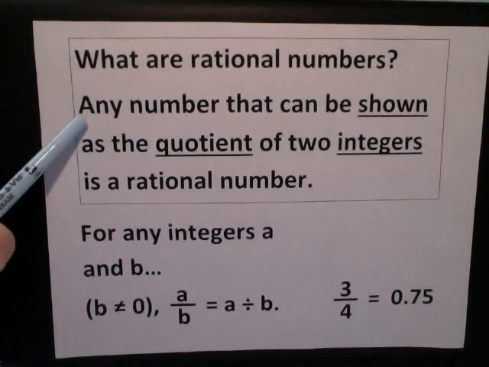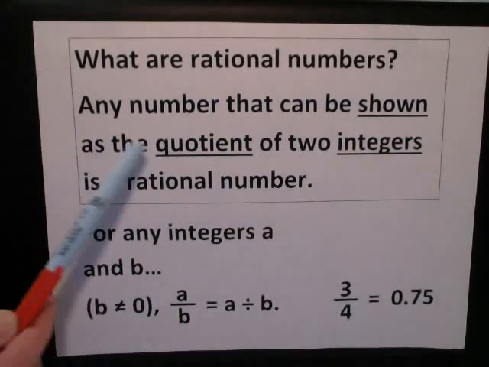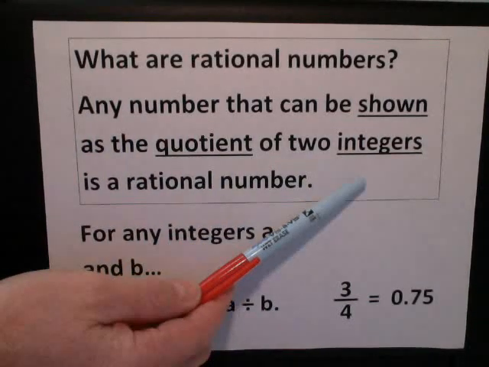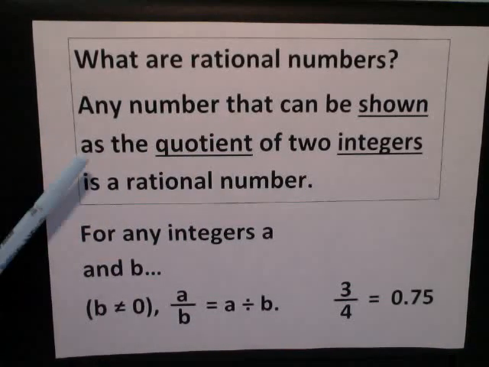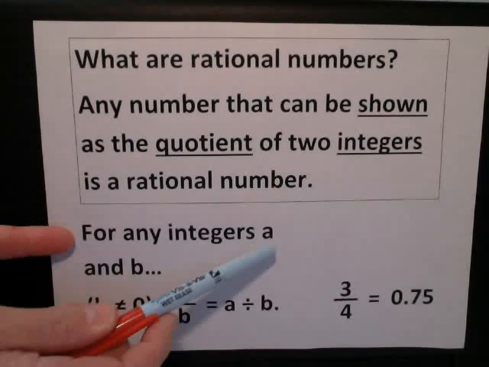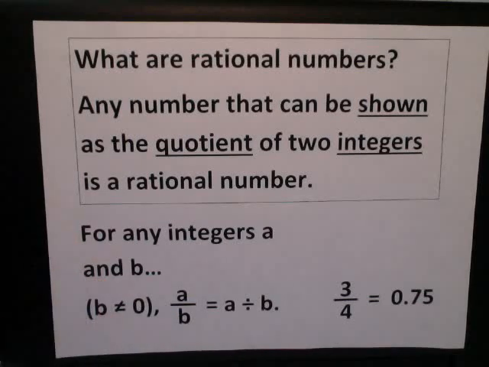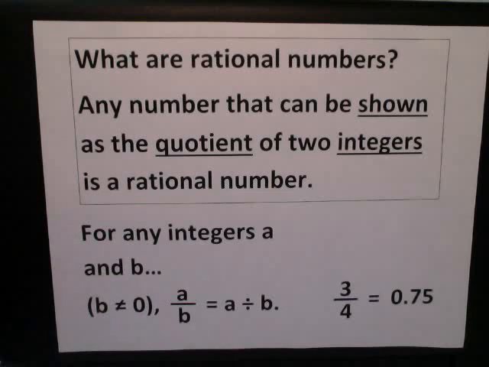A rational number is any number that can be shown as the quotient of two integers. Now that kind of is confusing, but basically what it is is this. For any integers a and b, with b not being 0, you will get a rational number.